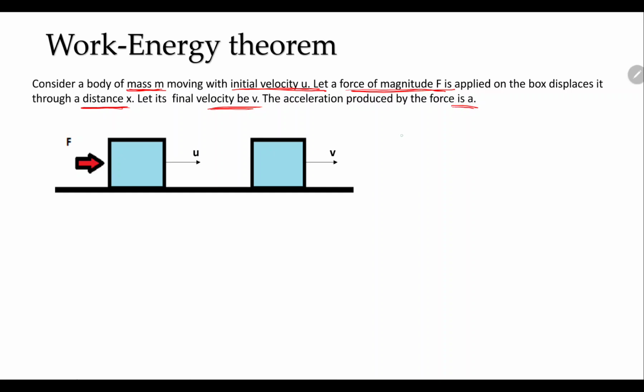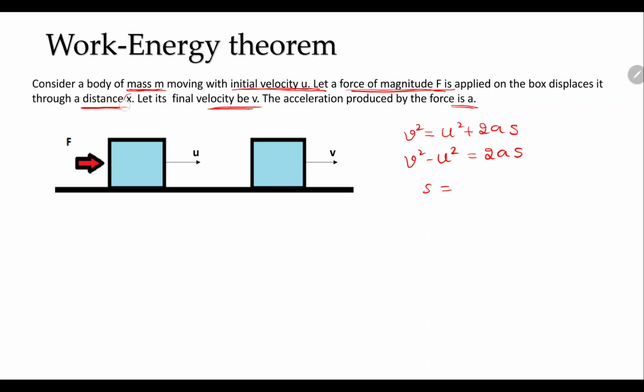Here we can make use of the equation of motion, that is v square is equal to u square plus 2as. Taking u square to the left hand side, v square minus u square is equal to 2as, and I want the displacement.